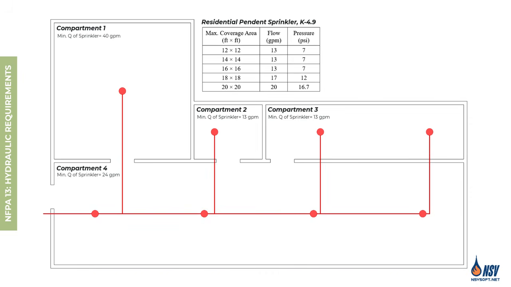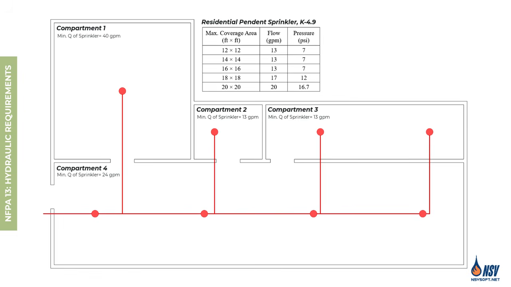After calculating the minimum flow for all sprinklers, the pressure required to discharge these flows can be determined. For the sprinklers where the flow is equal to the value provided in the datasheet, the corresponding pressure can be taken directly from the datasheet.